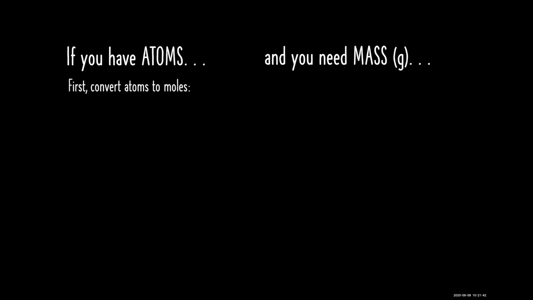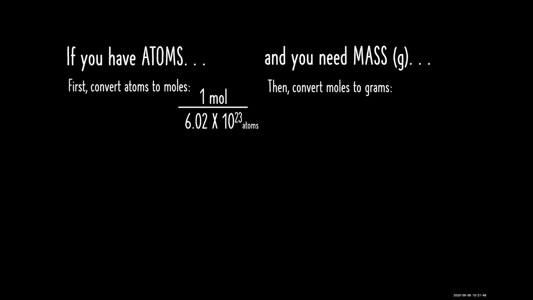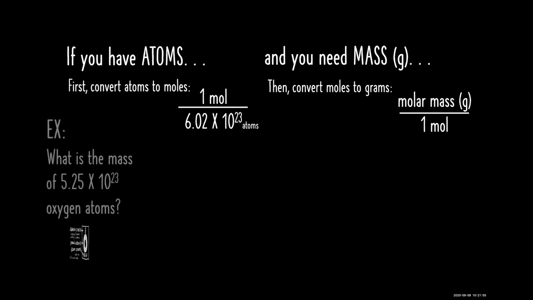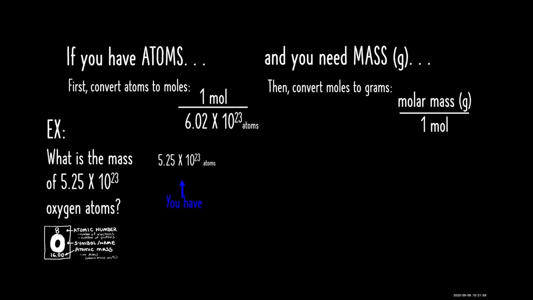If you have atoms and you need mass, first convert atoms to moles using this conversion factor again, and then convert moles to grams using this conversion factor. So for example, what is the mass of 5.25 times 10 to the 23rd oxygen atoms? You have 5.25 times 10 to the 23rd oxygen atoms and you need grams.